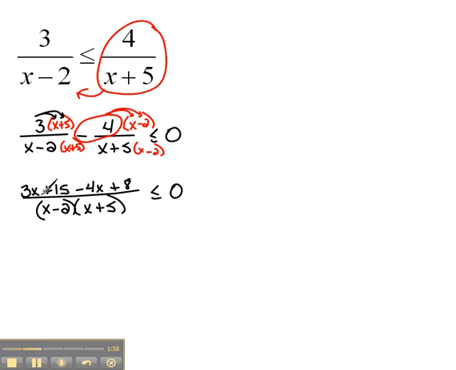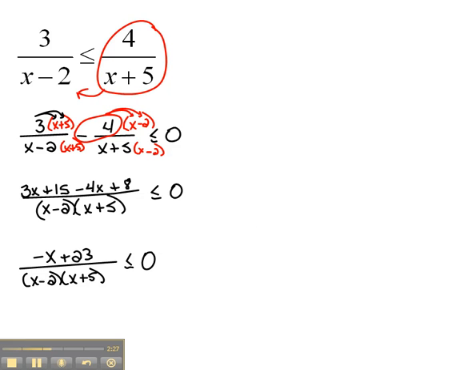Now we can combine like terms. So we have 3x minus 4x would be negative x, and the 15 plus 8 would make a positive 23 over our common denominator of x minus 2 times x plus 5 less than or equal to 0. So now we have a single rational expression compared to 0.